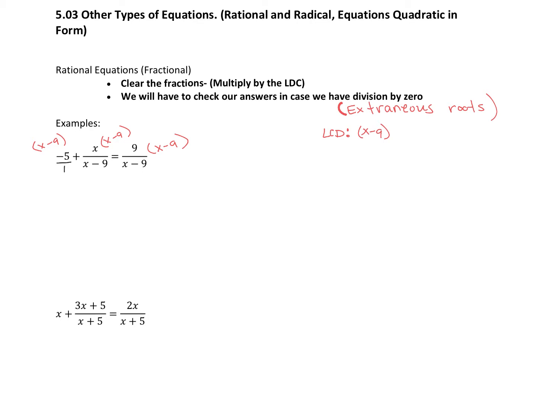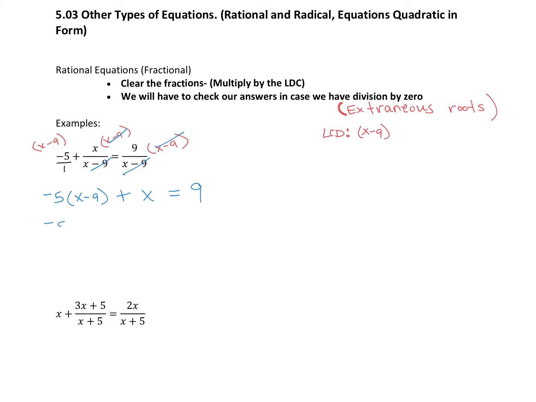Now when I do that, nice things happen. Here I get negative 5 times x minus 9. But here the x minus 9's cancel and I get x. And on the right hand side the x minus 9's cancel and I get 9.